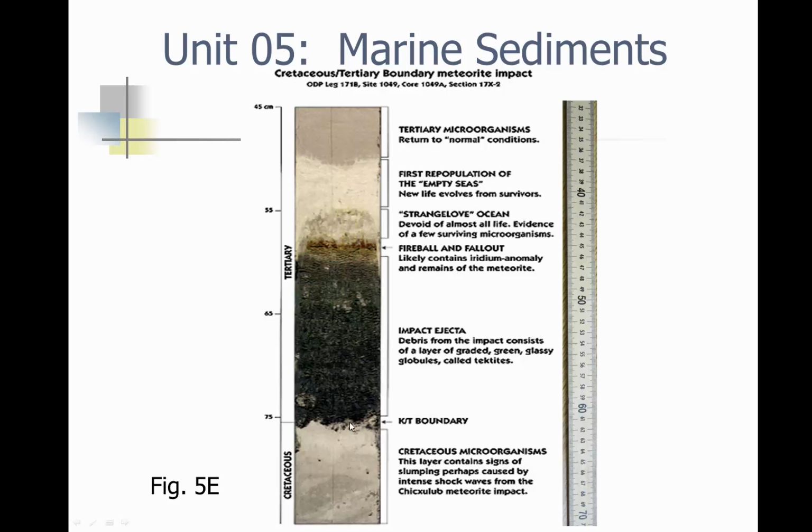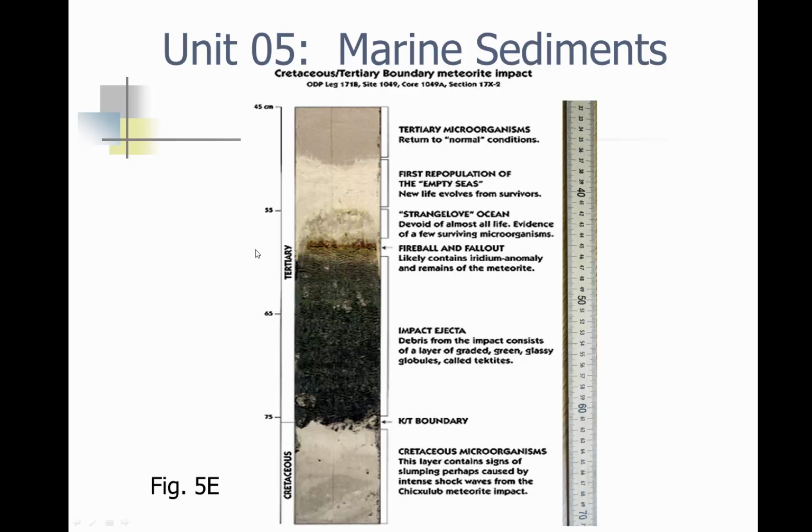Then we get the KT boundary. Then we get large ejecta area where the material got thrown up into the air and fell back down, suffocating all life. We find very, very little life, but you do find tektites, glass globules, all things that you actually find that would rain down after an explosion like this.